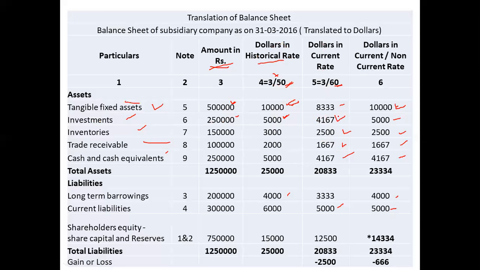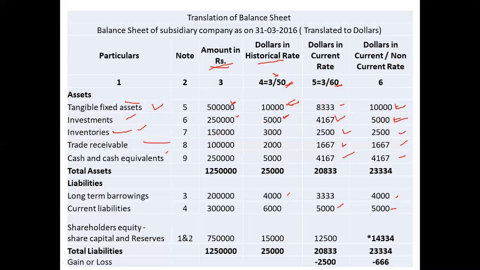This is also a non-current item, because it should be treated as a long-term asset, like fixed assets. So 4,167 is not a current item, and it should be taken at the historical rate in the current and non-current column.